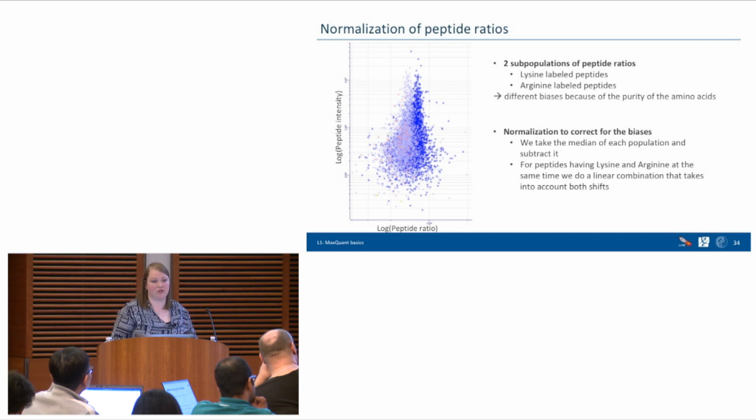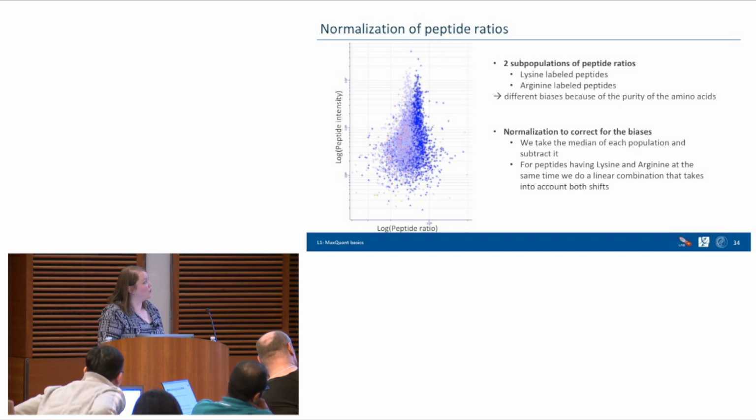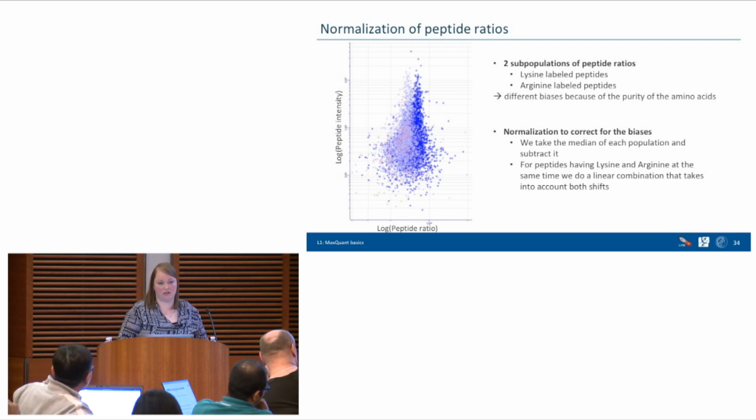This can be because of the purity of the labeled amino acids, and you need to correct for those. It's better to correct it here, because later those values are used to calculate the protein ratios, and that's why we do normalizations, to not carry the error along later on. So we calculate the mean of all those subpopulations and then we correct for it.